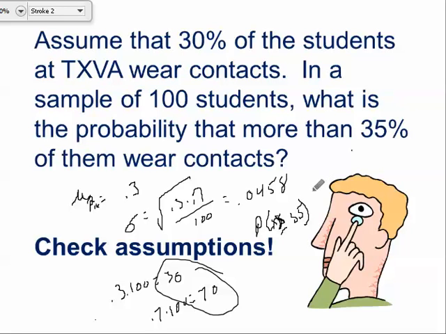So this is going to be a normal CDF. And we're going to be looking at some huge negative number, comma, 0.35, comma, 0.3, comma, and then 0.0458.